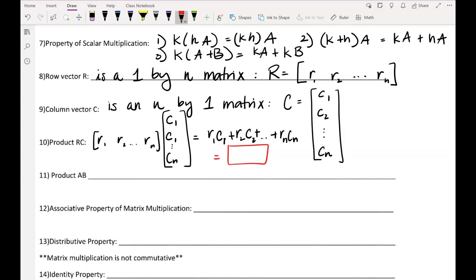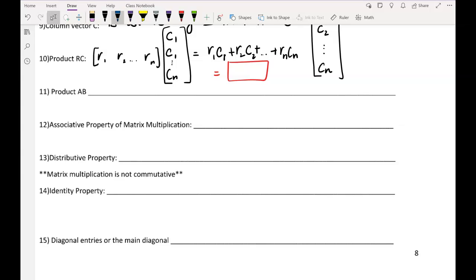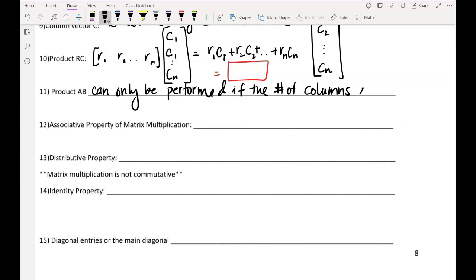11. Product of matrix A times B can only be performed, and this is super important, can only be performed if the number of columns in matrix A equals the number of rows in matrix B. All right, so again, that's super important, okay?